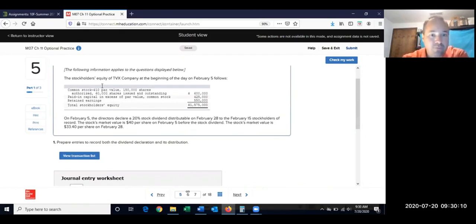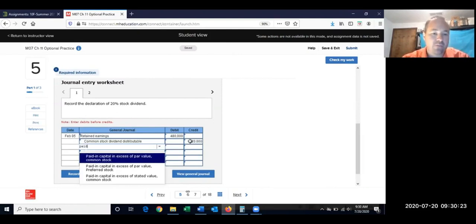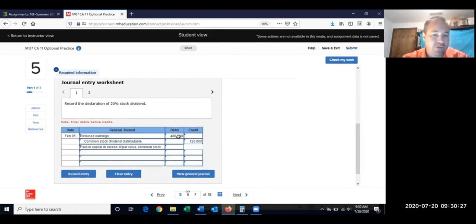We're doing the distributable. 12,000 shares at $10 par. So 12,000 times 10 is 120,000. And we can go ahead and then do the regular paid in capital in excess of par for the difference. So this would be 360,000.